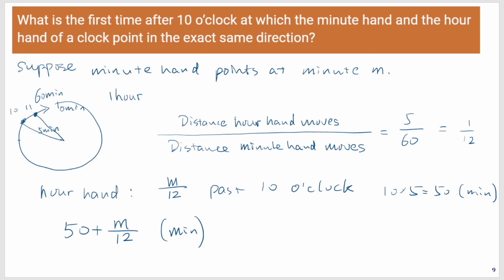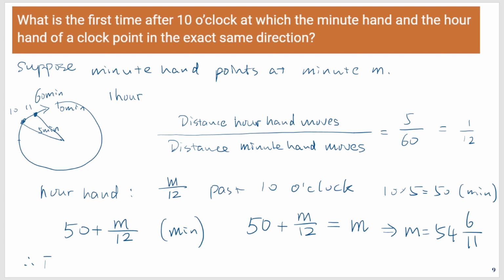Since the minute hand points at m minutes, we must have this relationship: 50 plus m over 12 should equal m, right? And we need to solve for m here. One equation, one unknown variable. We can solve that m is actually 54 plus 6/11, right?